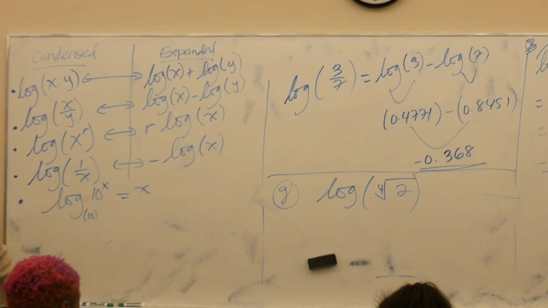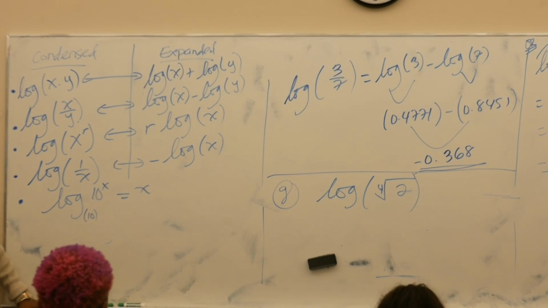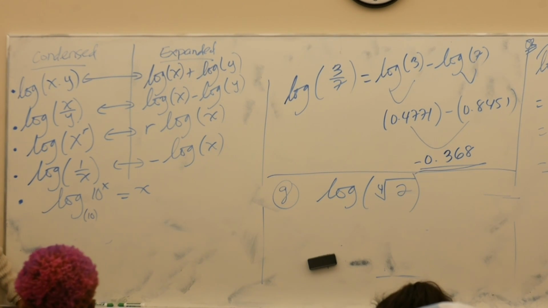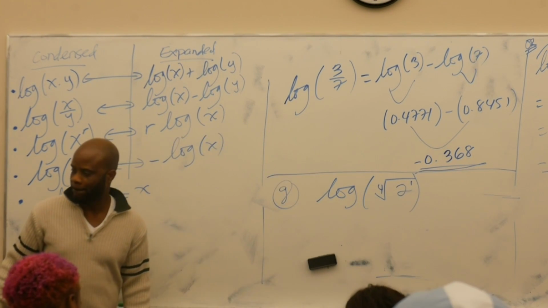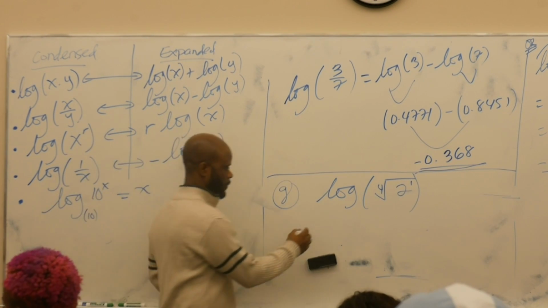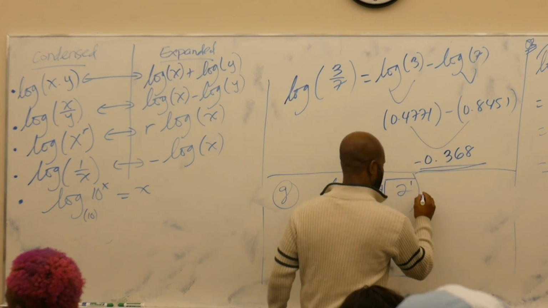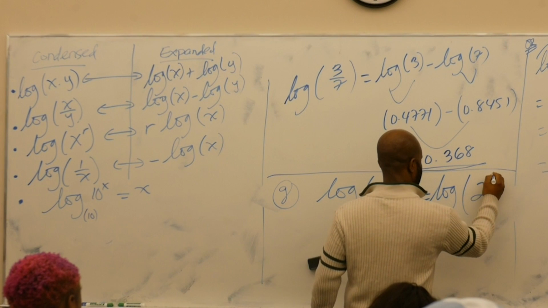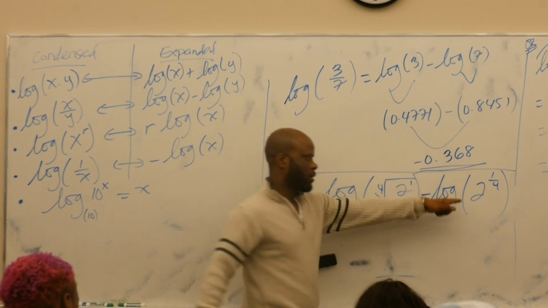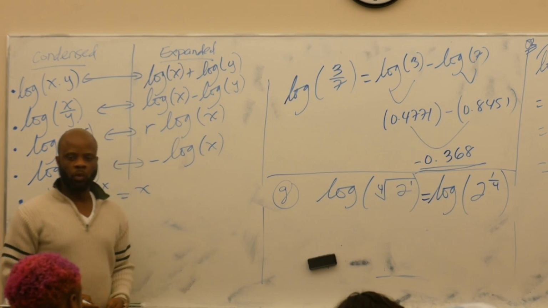Okay. We learned yesterday, though, how do we write that radical as an exponent? The 2 has an exponent of 1, okay? So, all right, it's 2 to the 1/4.